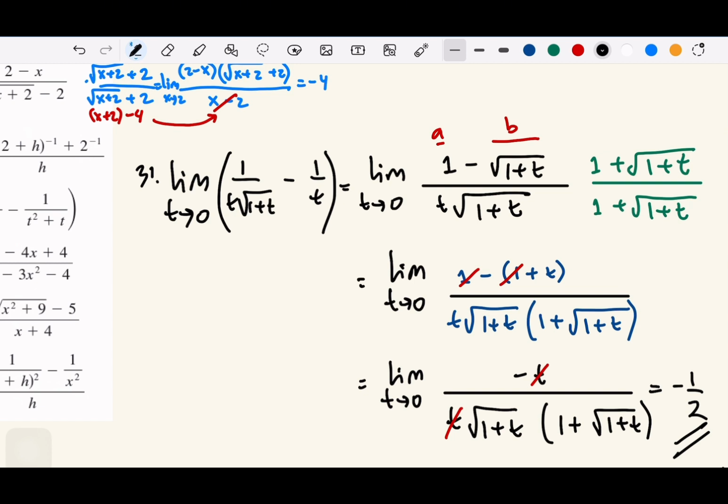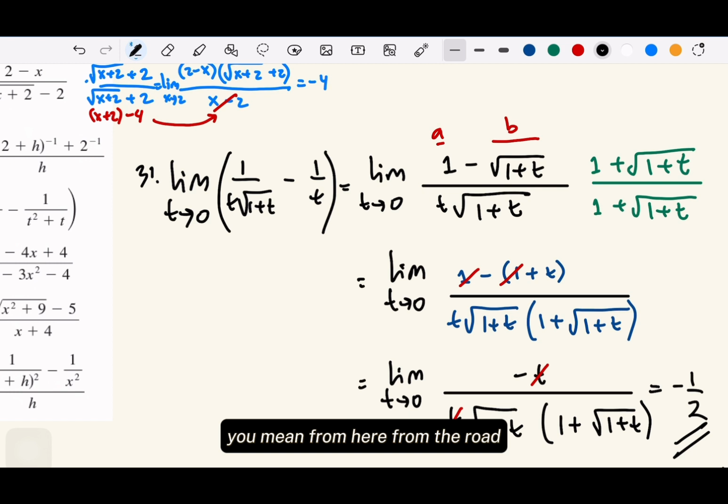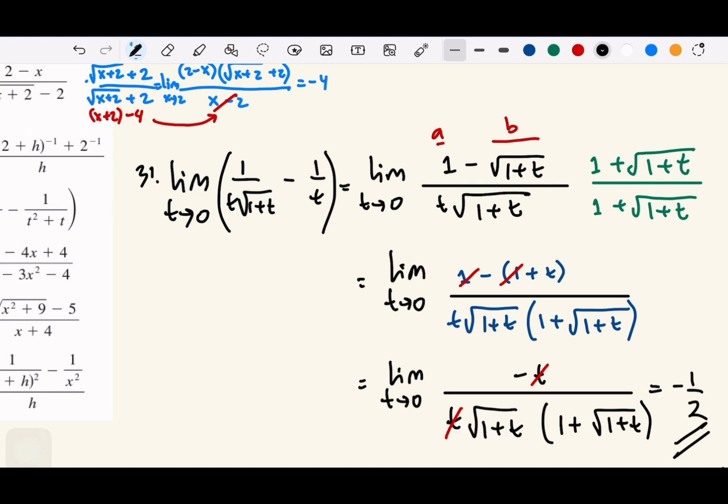This one? Yeah. You mean from here or from the top? That part? We put 0 here. Right? Okay, easy, right? Zero, okay, 1, 0, 1 plus 1, 2, 1, 2.